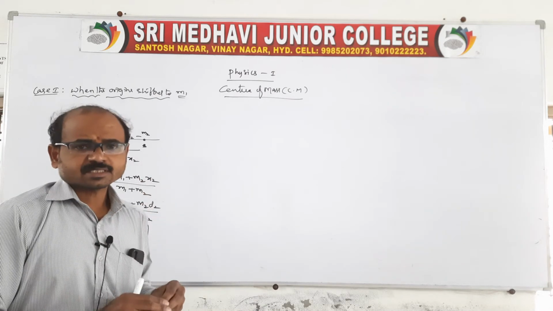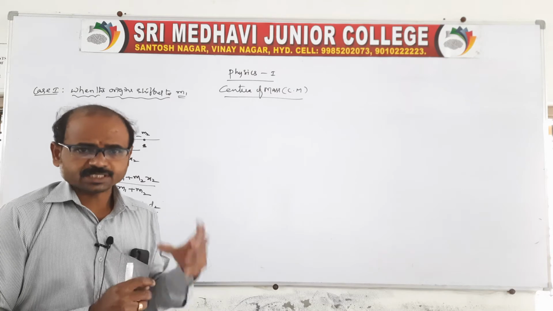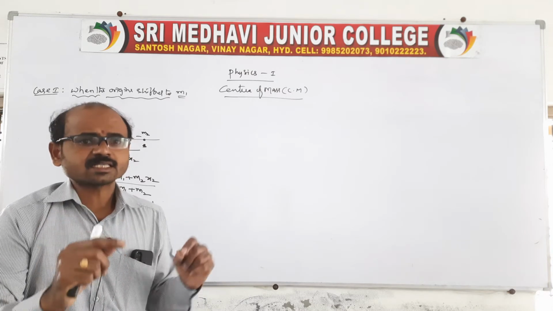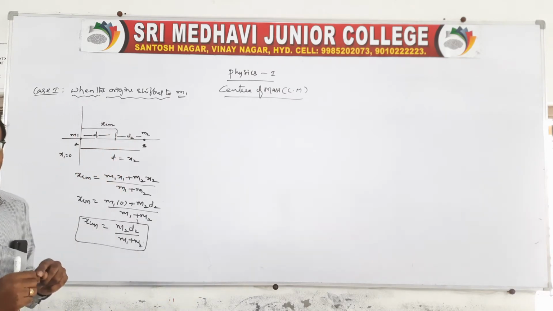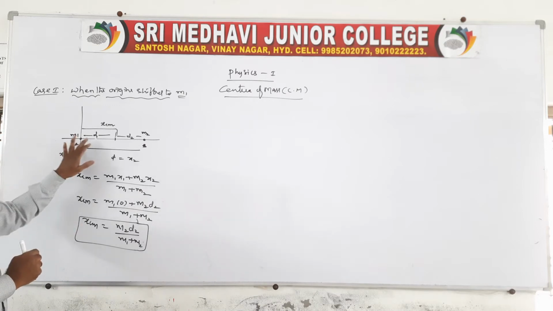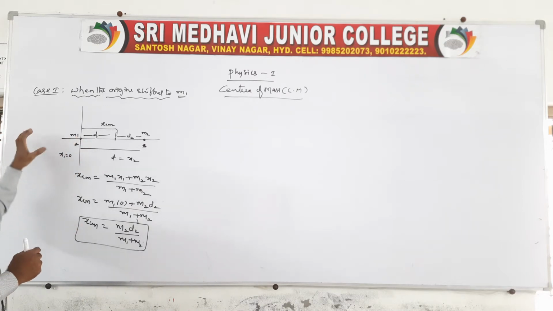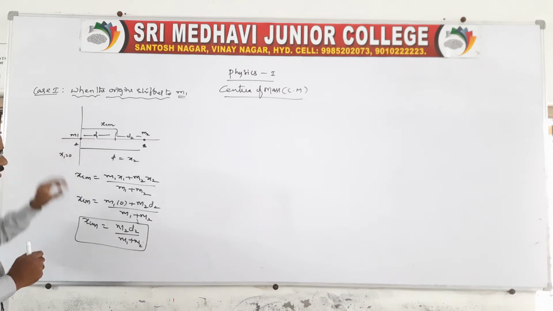In the previous class, in the notes, x1 was d1, the position of the m1 particle, but now the origin is shifted to the m1 particle. For that, x1 is equal to 0.